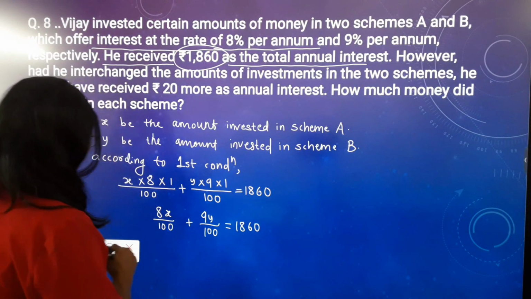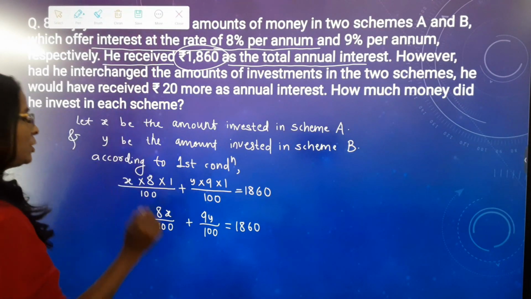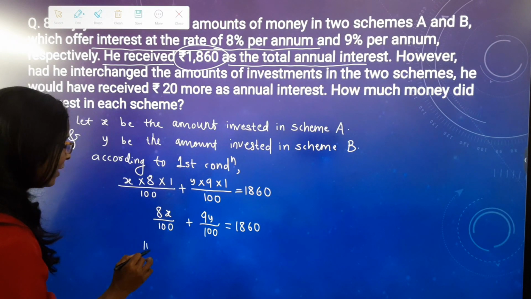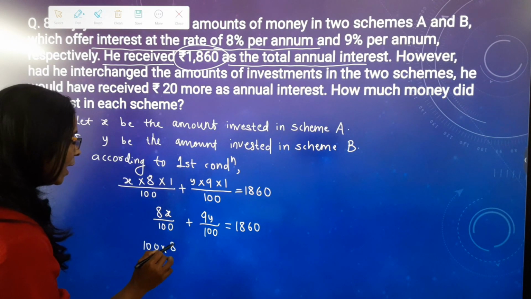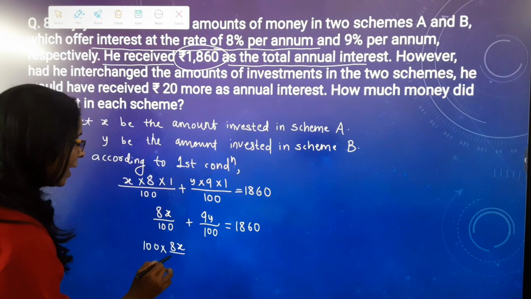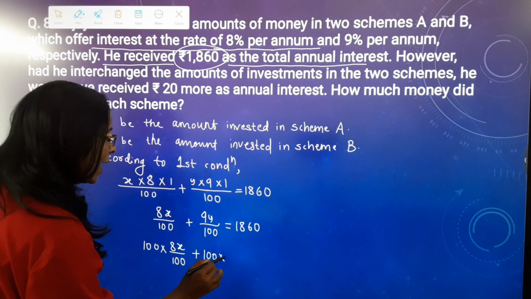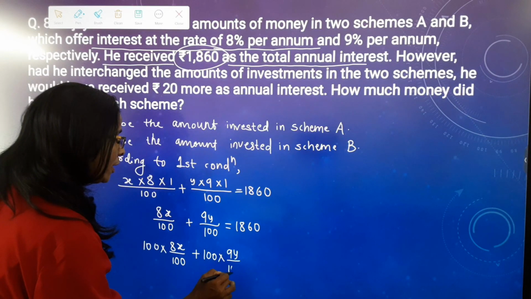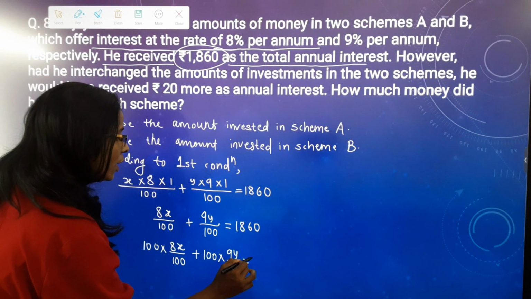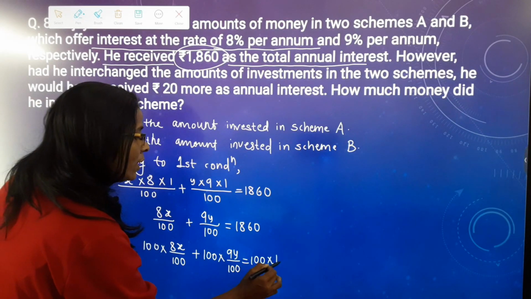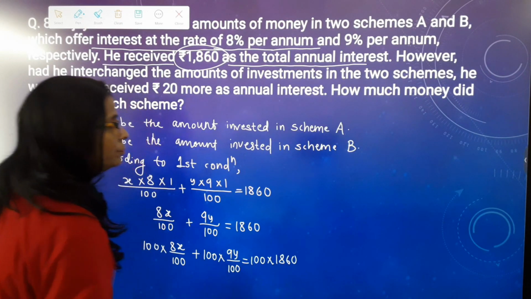Now simplify this equation by multiplying by 100. So 100 multiplied by 8x upon 100 plus 100 multiplied by 9y upon 100 is equal to 100 multiplied by 1860.